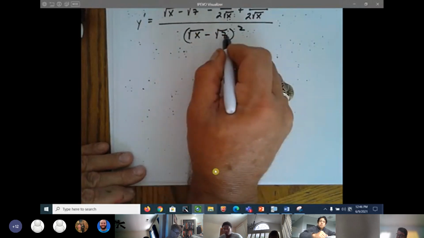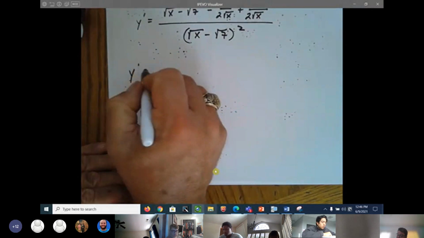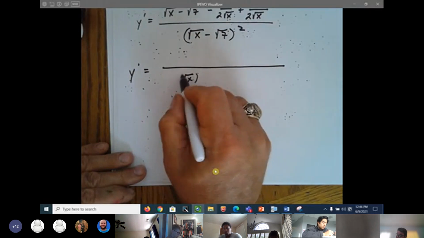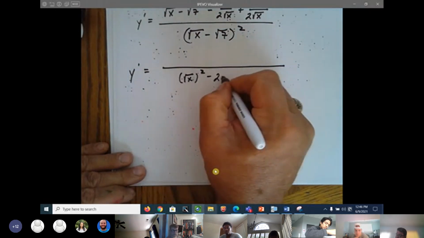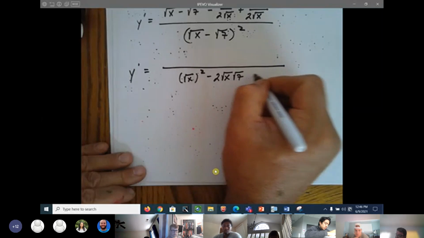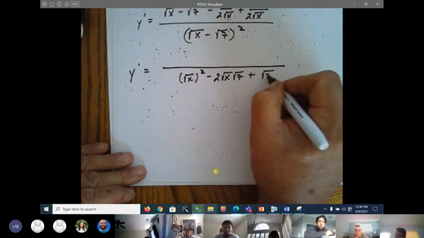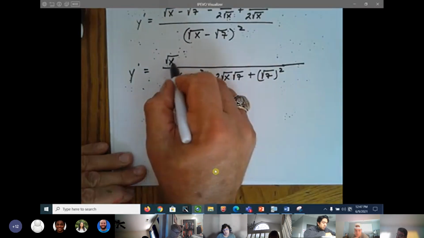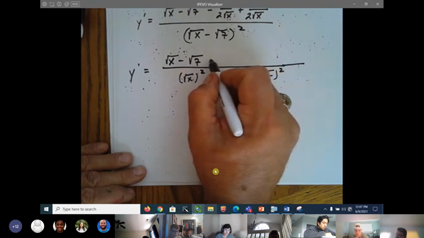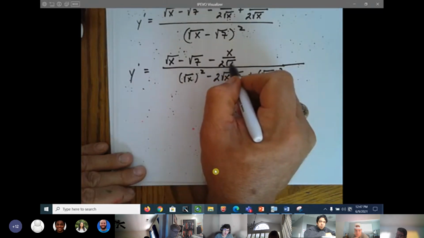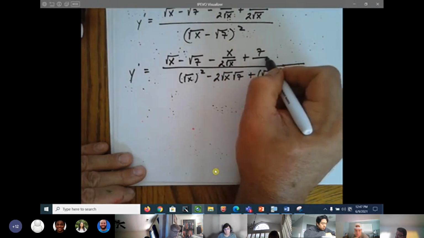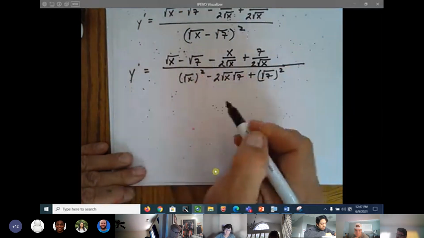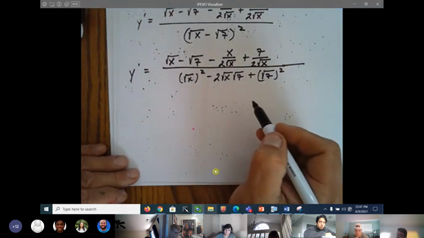That's shortcut number 2. So that's going to be y prime is equal to square root of x quantity squared minus 2 times the square root of x times square root of 7 plus square root of 7 quantity squared. And that's going to be over square root of x minus square root of 7 minus x over 2 square root of x plus 7 over 2 square root of x. I think we're going to get a common denominator up here, and that's where everything's going to be canceling.